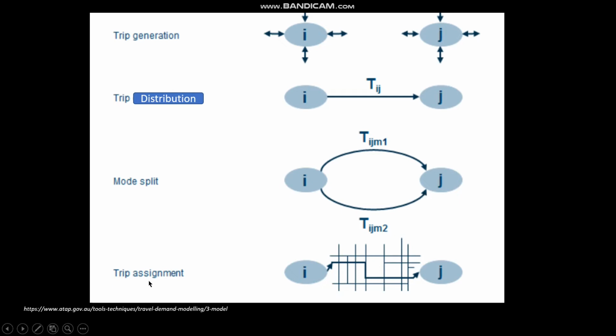And the last one is trip assignment, where we connect together the starting point and the end point, and we also use a traffic network. So we want to understand the shortest path from start to end point.